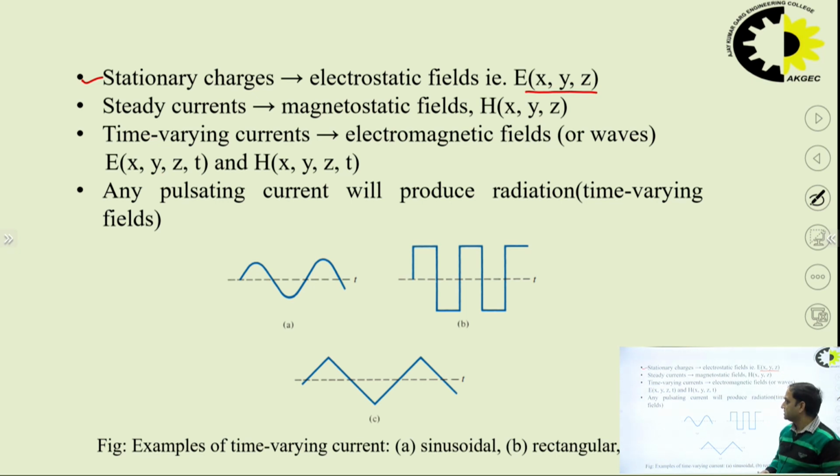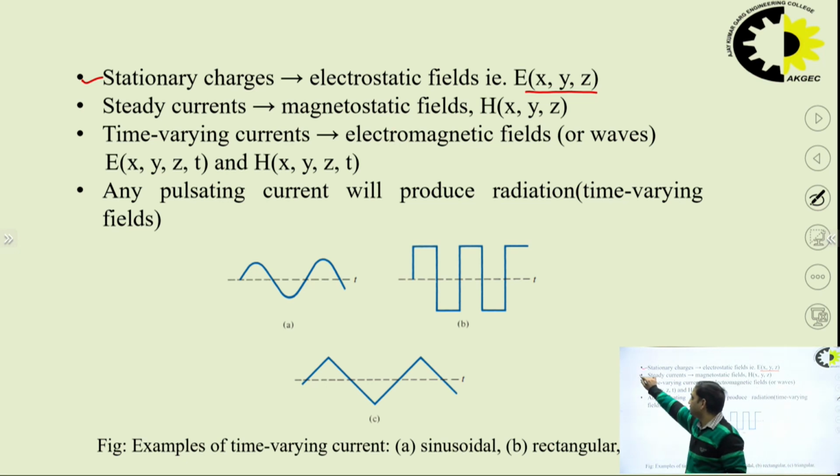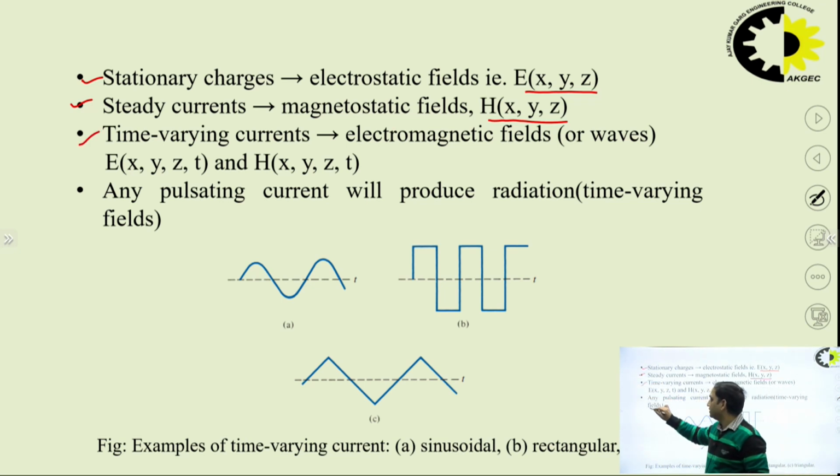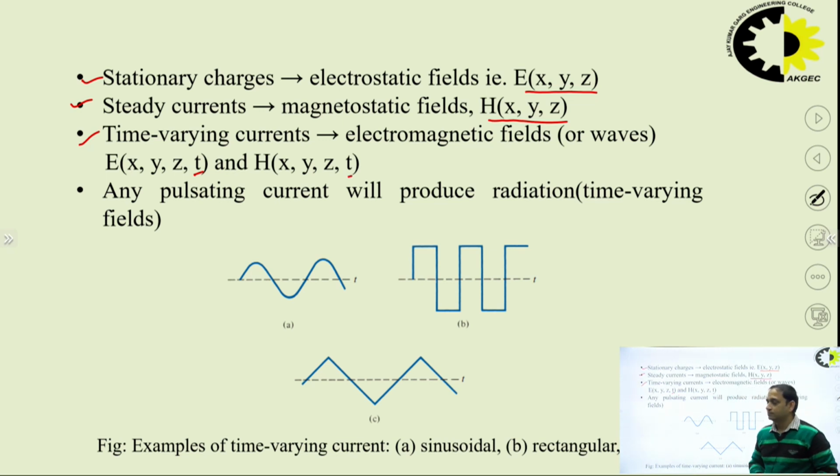Second, steady current is the source of the magnetostatic field, where H is defined at an XYZ position. Third, time varying currents are the reasons for the electromagnetic field or waves, where the component T is involved. Stationary charges give the electrostatic field.